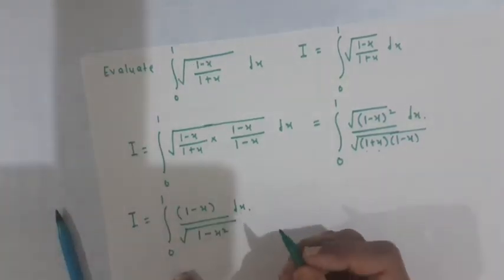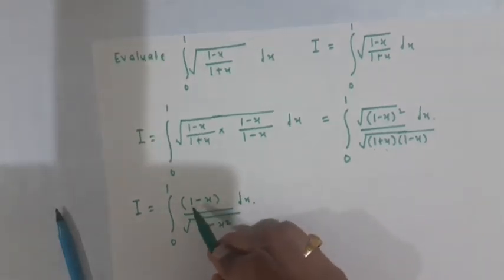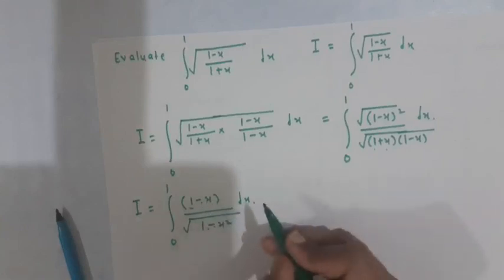Okay, now we can solve this integration by separating the terms. This is first term upon denominator minus second term upon denominator.